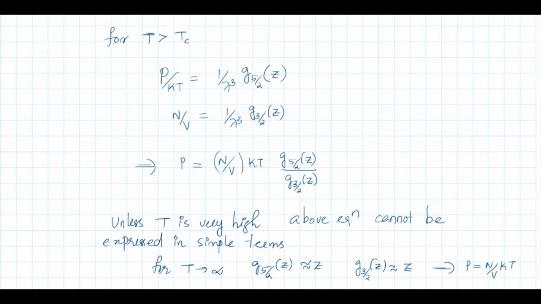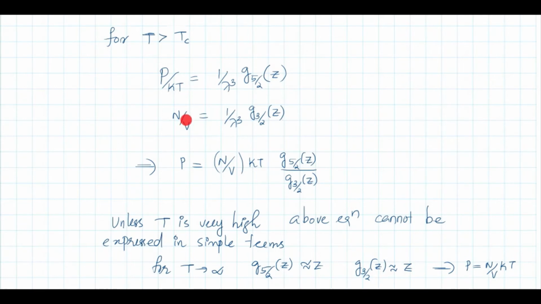For T less than Tc or for T equal to Tc, you can replace this Z with 1. For T greater than Tc, you have to write it as Z itself. Also, we have n by V equal to 1 by lambda cube G 3 by 2 of Z. Actual expression was n minus n0 by V. But for T greater than Tc, n0 is effectively 0. Therefore, n by V equal to 1 by lambda cube G 3 by 2 of Z.